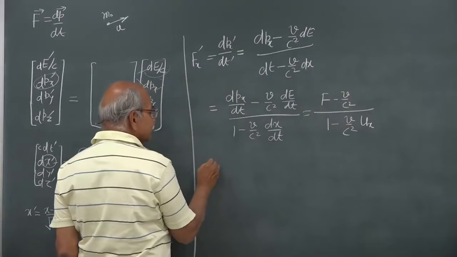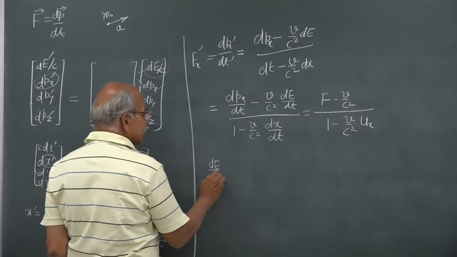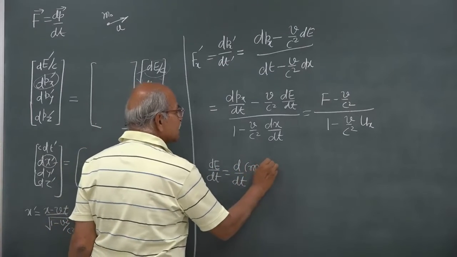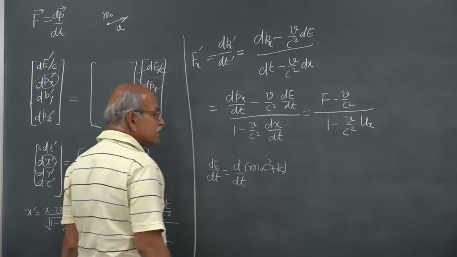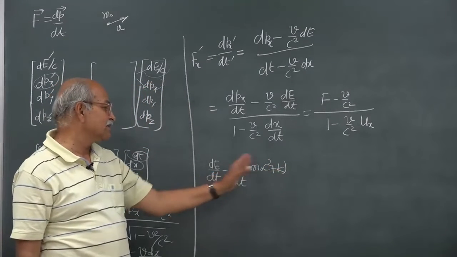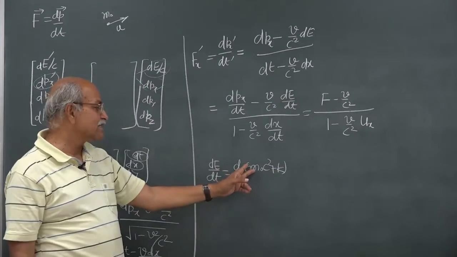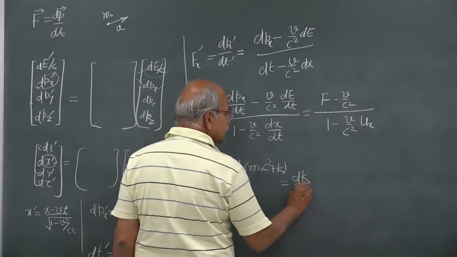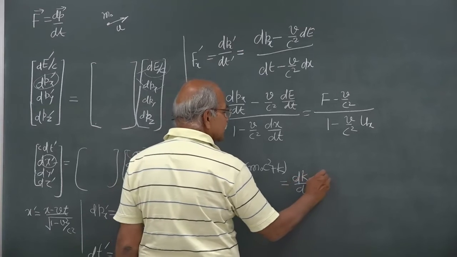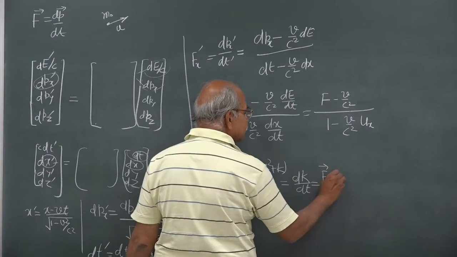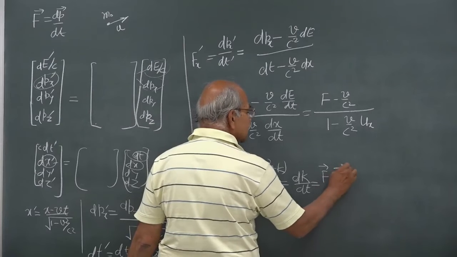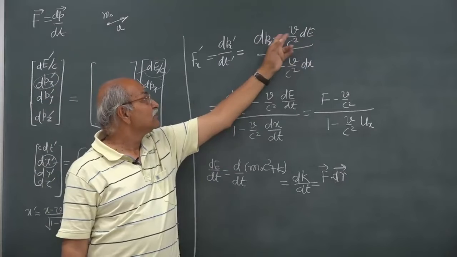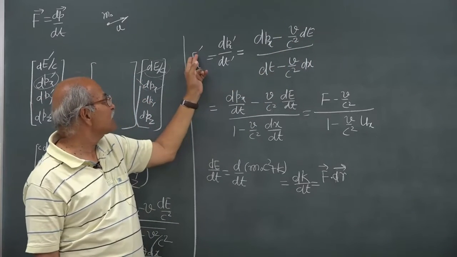What is dE/dt? What is E? E is m naught c square plus K: rest mass energy plus kinetic energy is total energy. The rest mass energy is constant. So, this is dK/dt, and change in kinetic energy, you know, is f dot dr. Remember, these are all S frame quantities and this is an S prime frame quantity.